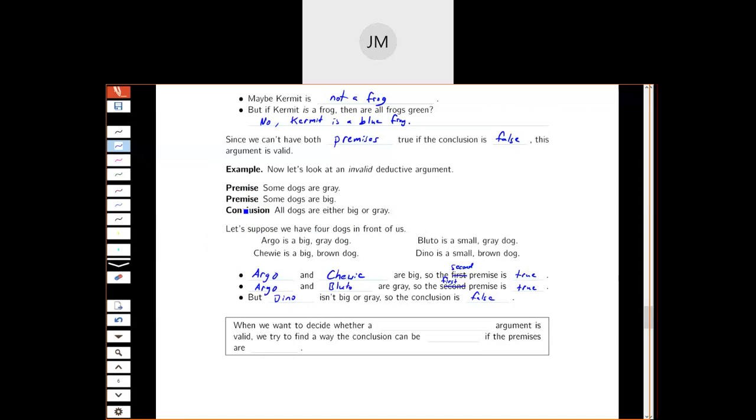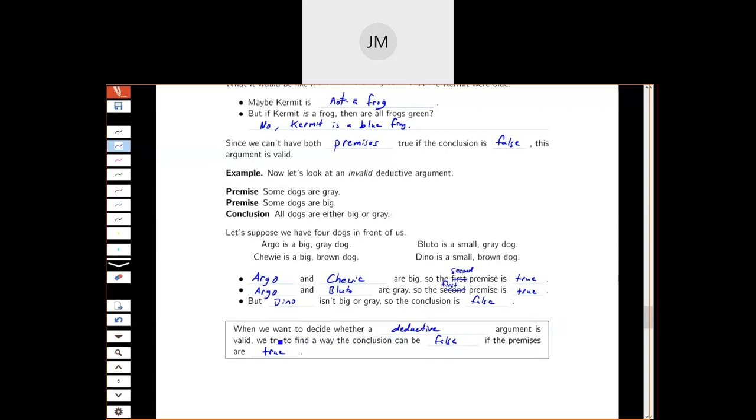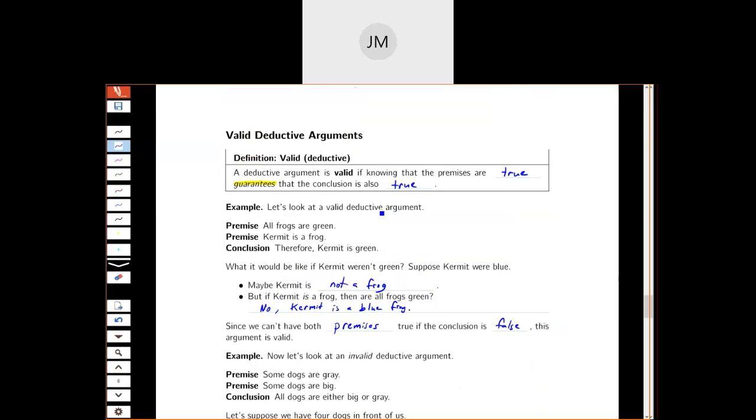So when we want to decide whether a deductive argument is valid, what we do is we try to find a way that the conclusion can be false if the premises are true. In this first one, I could not imagine a way in which the conclusion could be false and the premises true, right?